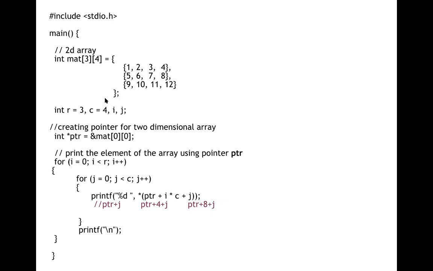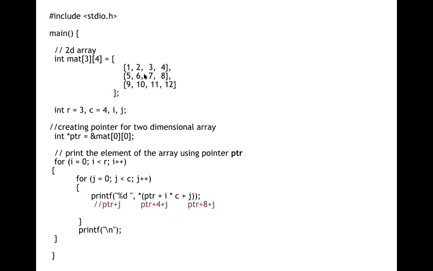Now how do we access it using a pointer? This is a very simple program. I've created a mat with all these elements. This is how we create a two-dimensional array. There are different ways; this is one of them.